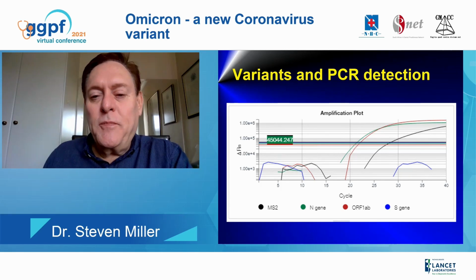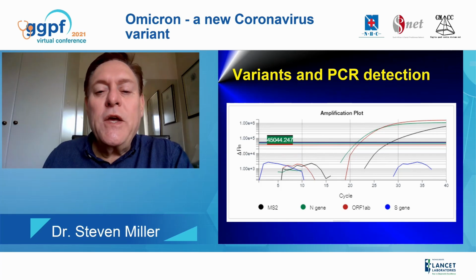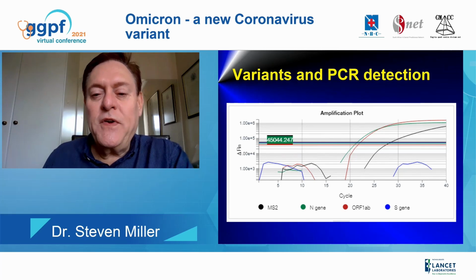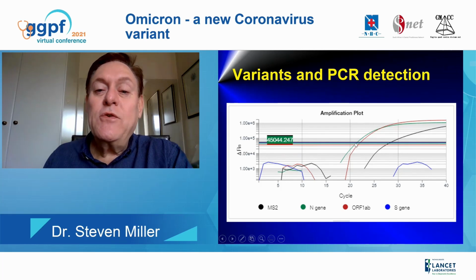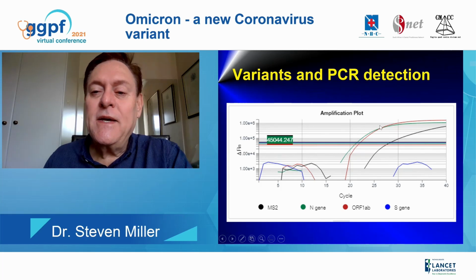In this particular PCR test, we are looking for 3 specific genes that are found only in SARS-CoV-2. The first, shown by this green line, is the N gene, which you see rises above the threshold of detection very nicely and is clearly present.